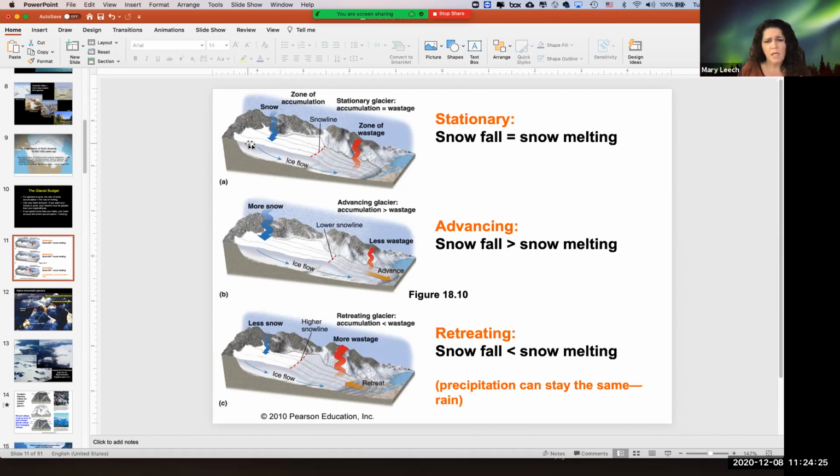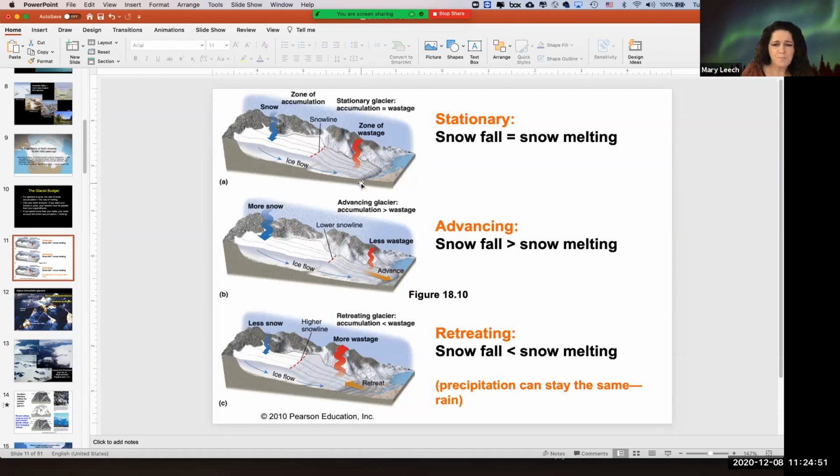That actually helps the flow of the glacier. It adds to the weight of the glacier. It helps to drive that flow along the base. So the flow is along the base of the ice. The base of the ice is deforming. It's kind of floating on a very thin layer of water, extremely thin, just enough to allow it to flow.